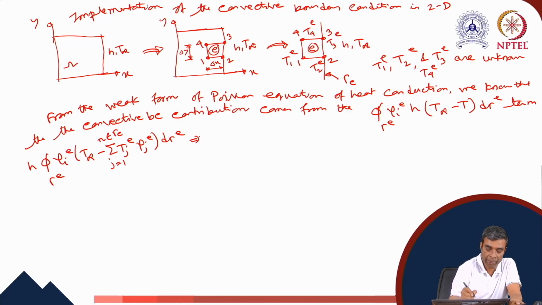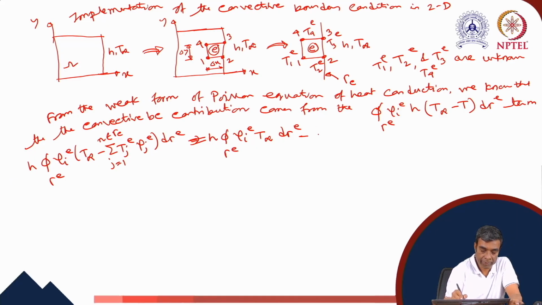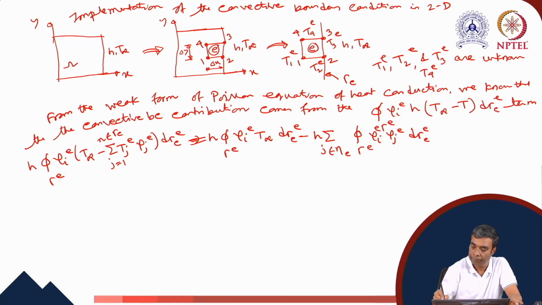So this expression we can simplify as h into the boundary integral over gamma e of psi ie T infinity d gamma e, minus h into the summation over j belonging to eta c of the integration over gamma e of psi ie psi je d gamma e, multiplied by tje.